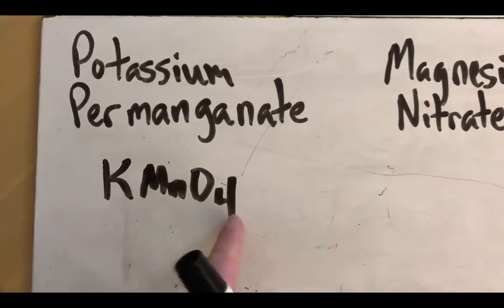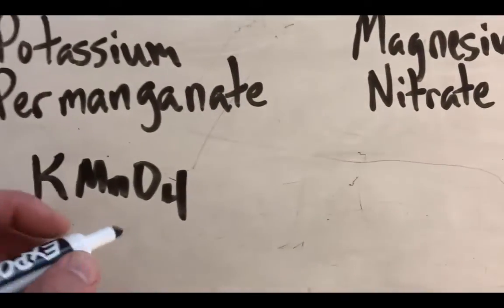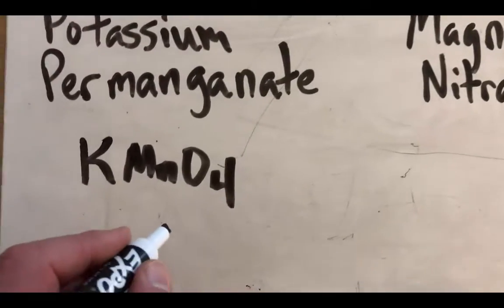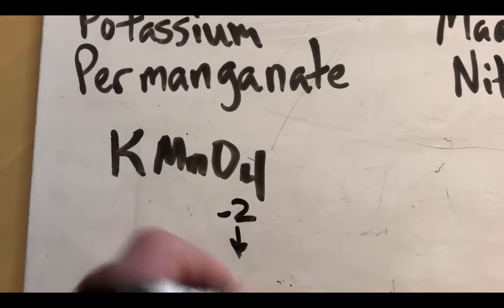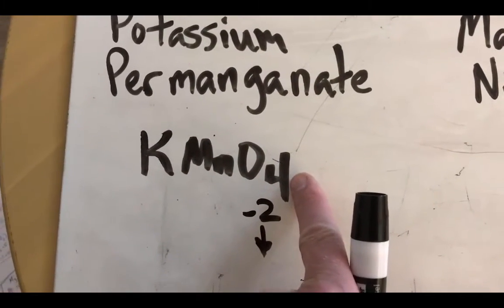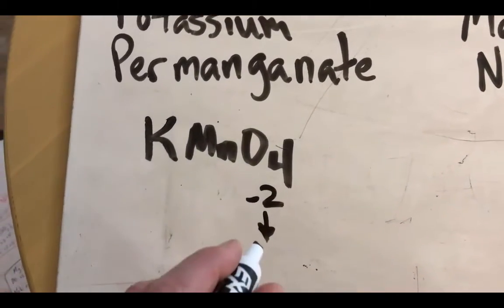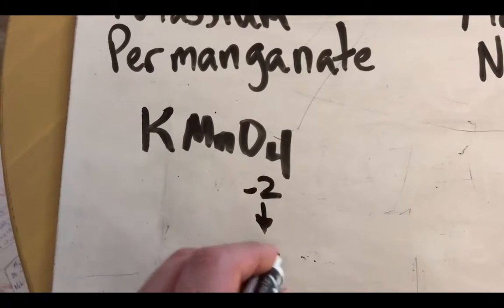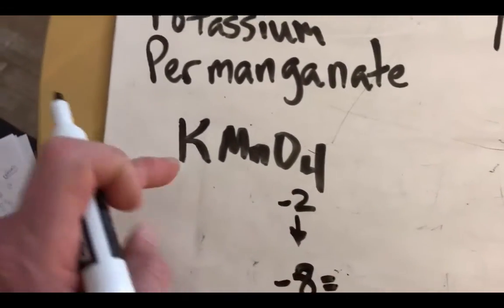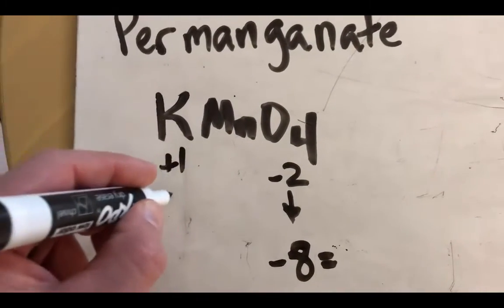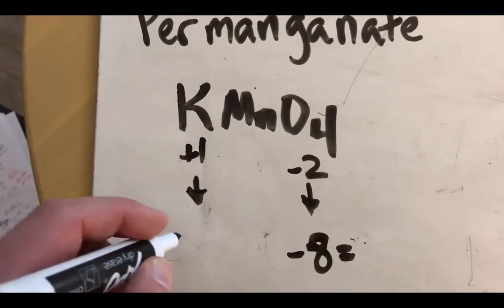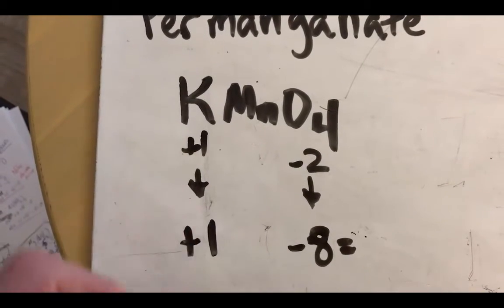Oxygen is a -2 charge, but how many do I have? I have 4 of those. So 2 times 4 is 8, so this is going to be a -8 charge. Potassium is a +1 charge. I have 1 of them, so this represents a +1 charge.